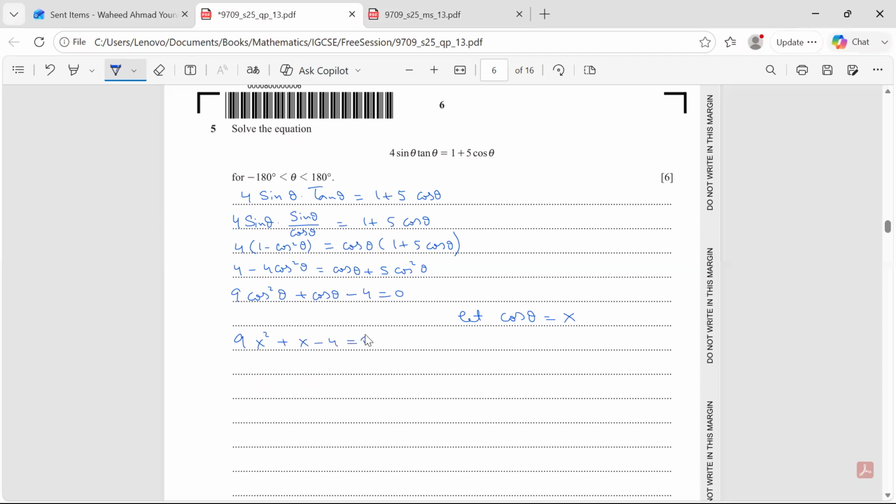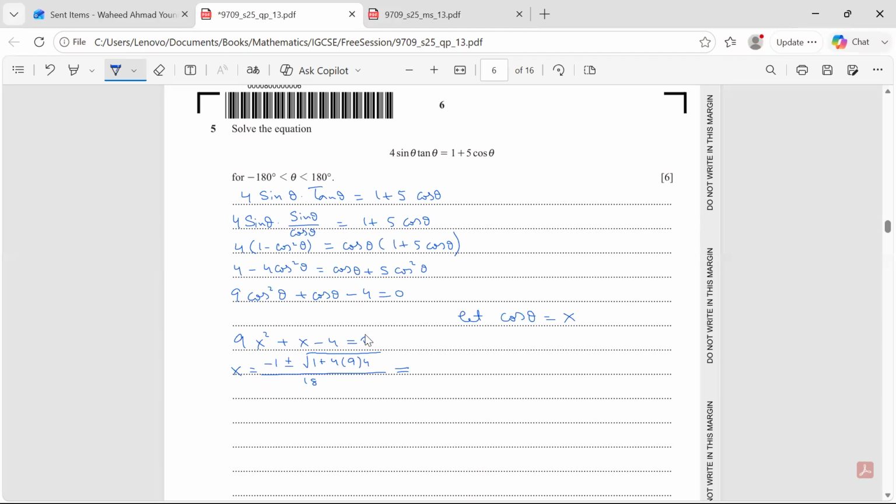Let's apply the quadratic formula to solve it. So x equals minus b plus minus under the root b squared minus 4 into a into c, where c is minus 4, that represents plus and then 4, divided by 2a, which is 18. This can be solved using a calculator only.